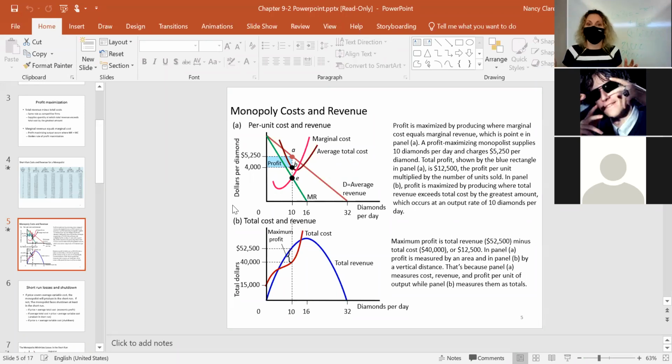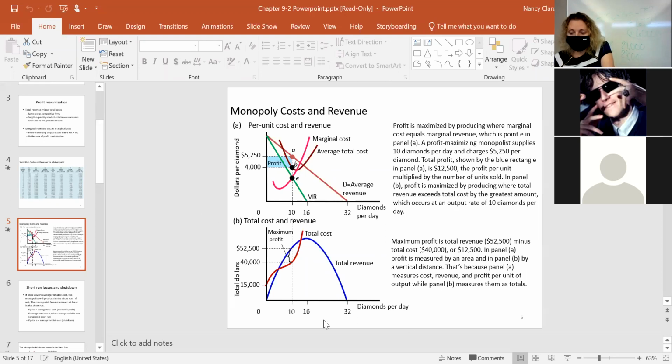The only reason MR and MC are on this graph is so you can find point E and trace down to quantity. Once you find your quantity, you don't need MR or MC again. You're done with those. It's the only reason you needed them. Now you need to go find your price on your demand curve and your cost on your ATC, okay?